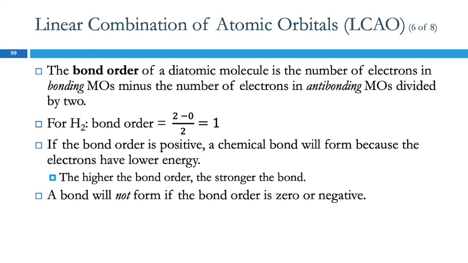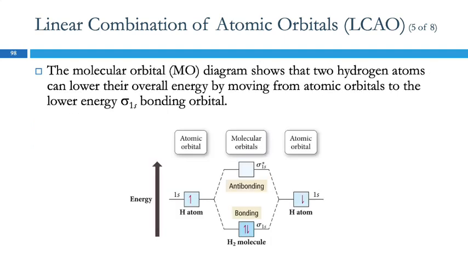And then we talk about something called a bond order, which just tells us how strong the bond is between these two atoms. And bond order is the number of electrons in the bonding orbitals minus the number of electrons in the anti-bonding orbitals, and then divided by 2. So for hydrogen, there's 2 electrons in the bonding orbitals.